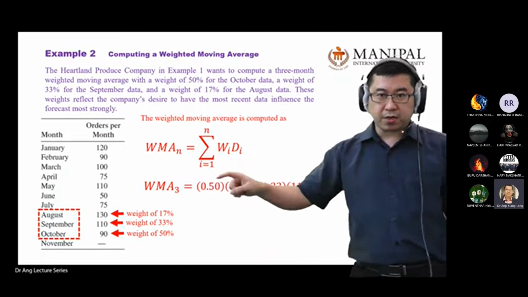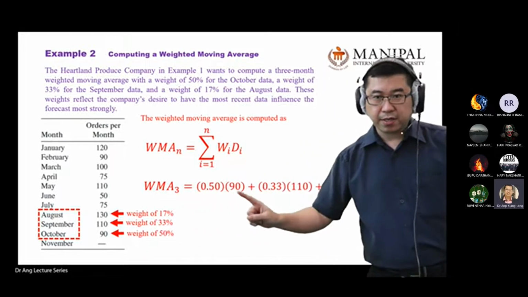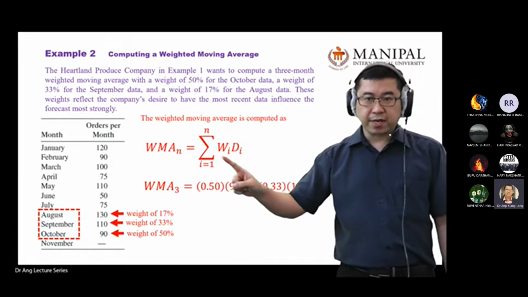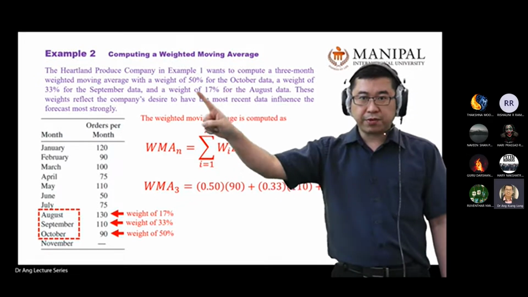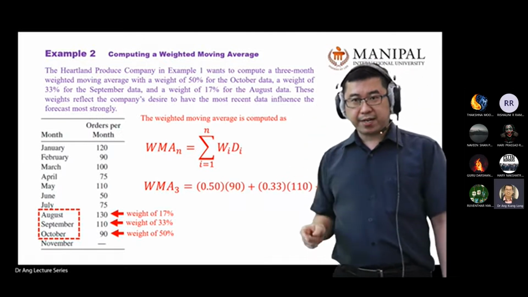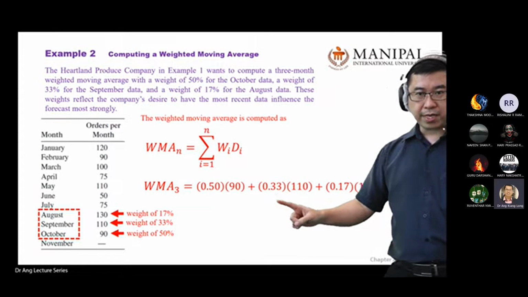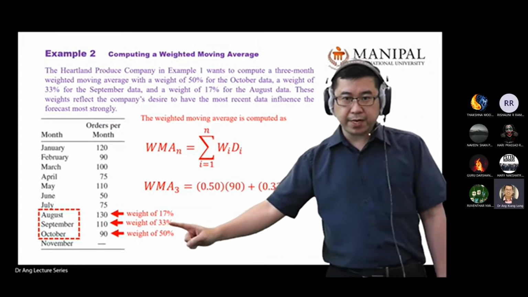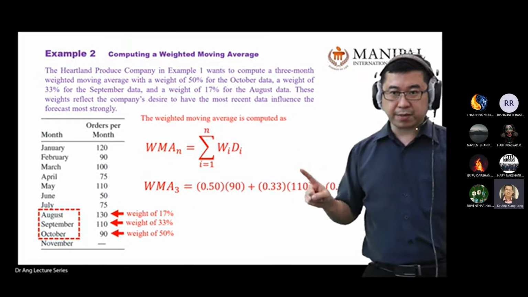What is the October demand? 90. What is the weighted constant asked by your manager? 50%, 0.5. 100% is 1, 50% is 0.5. Do the same for the other months. September, 33% was given in the statement here.